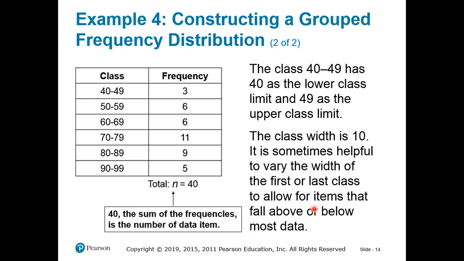And usually if we're talking about money, ranges of income or salaries or things like that, we usually go, okay, we have our classes and the last class will be greater than some amount, or the first class will be less than some amount. Okay, so the first and last class could be larger, but typically we want them to be the same width.